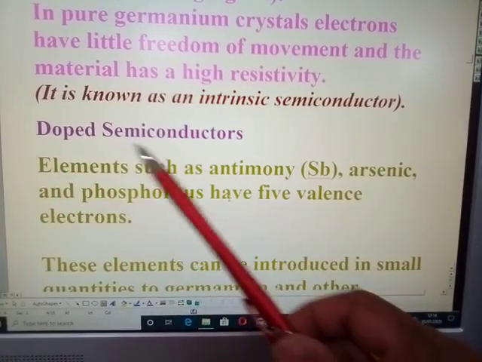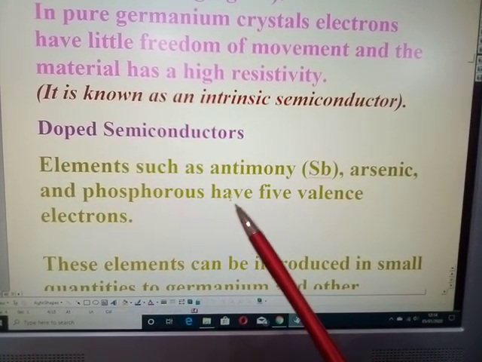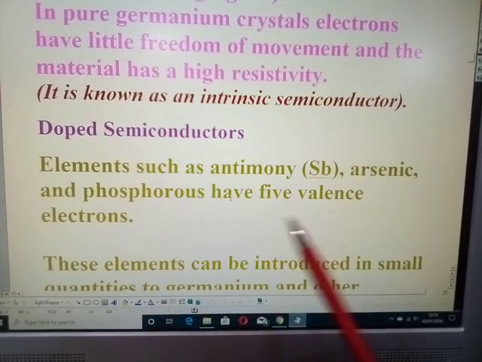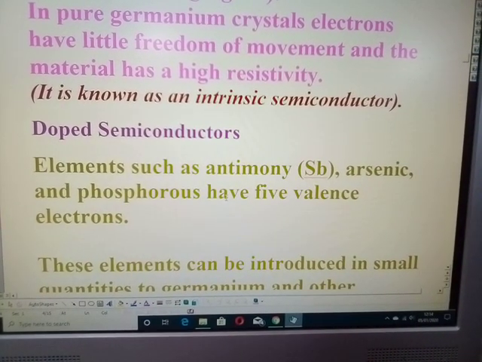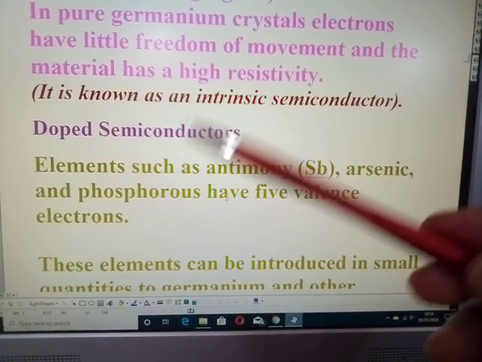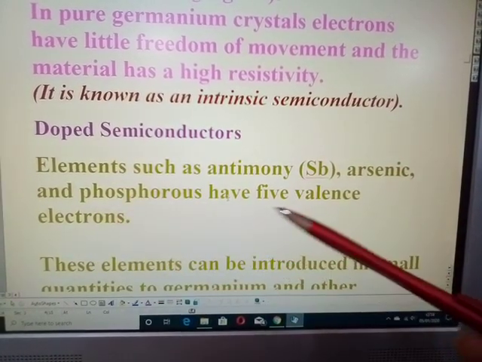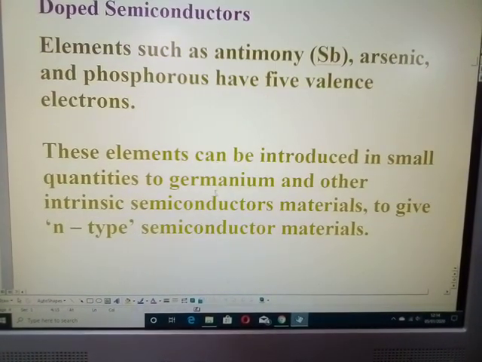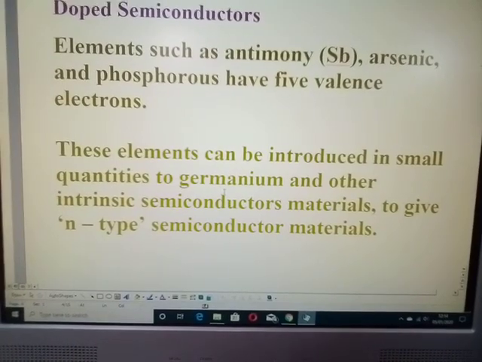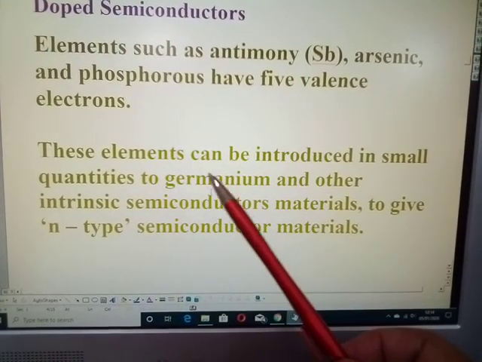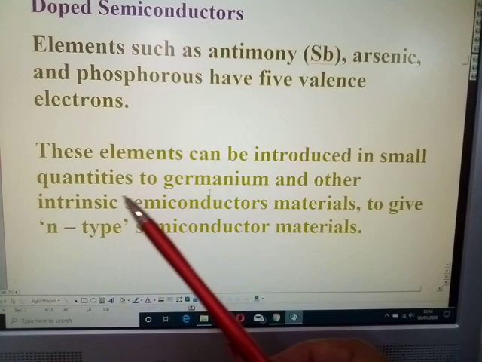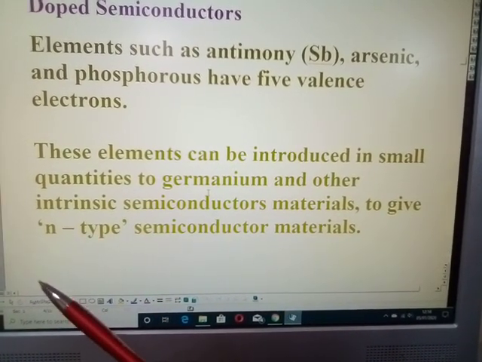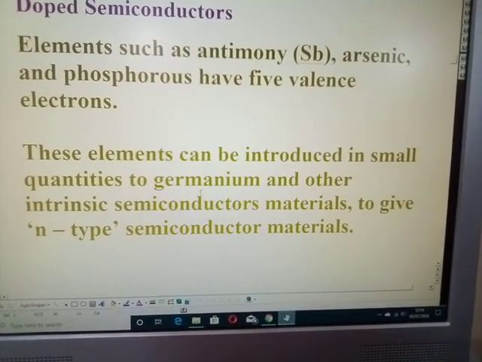But when we dope the semiconductors, elements such as antimony, Sb, arsenic, and phosphorus have 5 valence electrons. So we're now doping the germanium with one of these materials. These elements can be introduced in small quantities to germanium and other intrinsic semiconductor materials to give N-type semiconductor materials, okay?